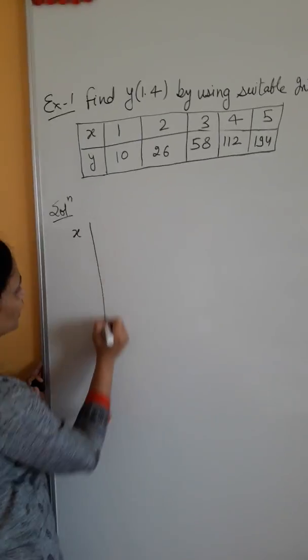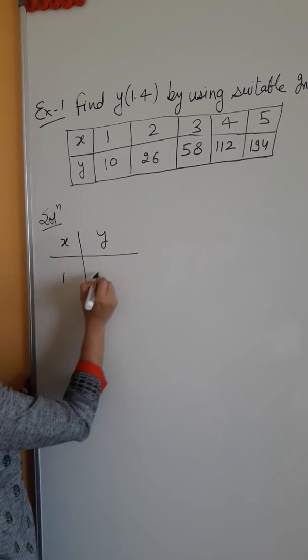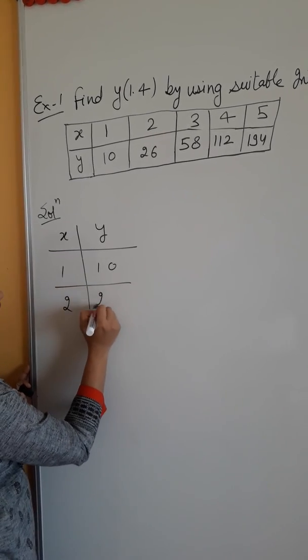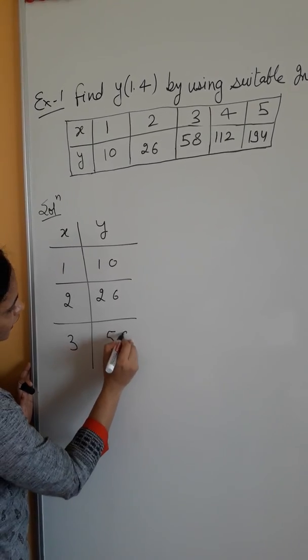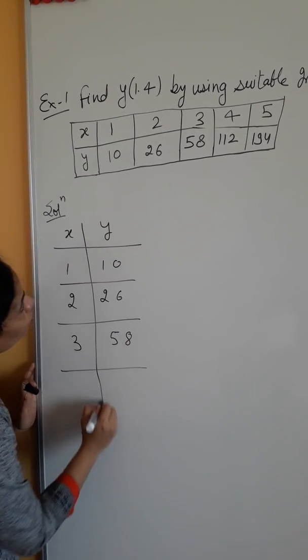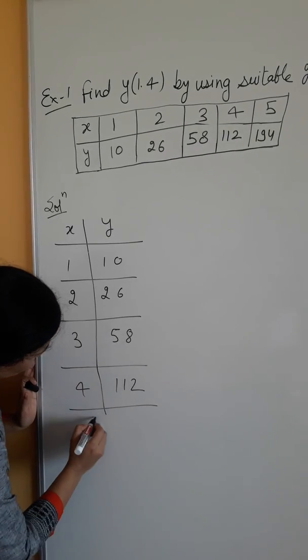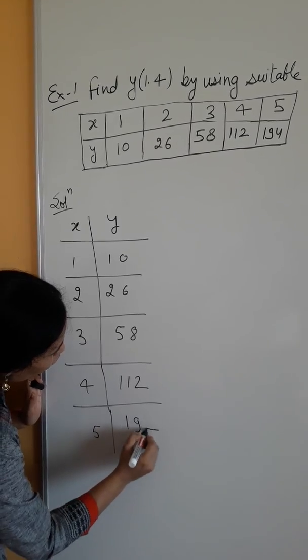How do we make the forward difference table? Write the arguments here first and the corresponding entries: 1, 10; 2, 26; 3, 58; 4, 112; and 5, 194.